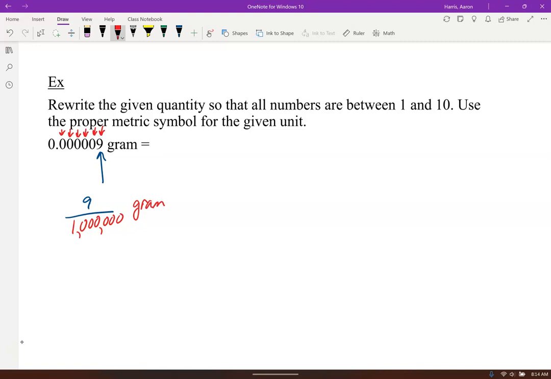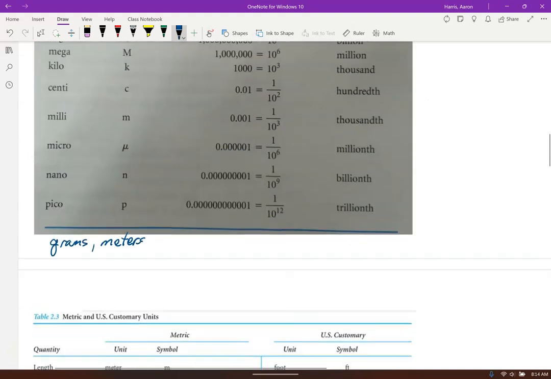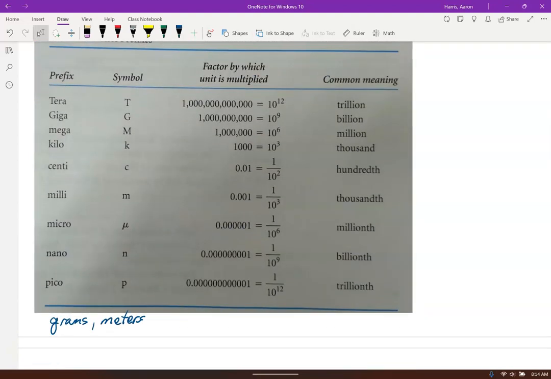And so what we're going to do is use the prefixes to find the millionths position. So we're going to write this as 9, and then the prefix will go right there, and then G for grams, right? Grams is just a G. So let's go find the prefix for millionths. So we go up here and we're like, oh, that's the mu symbol right here. See the millionths position?